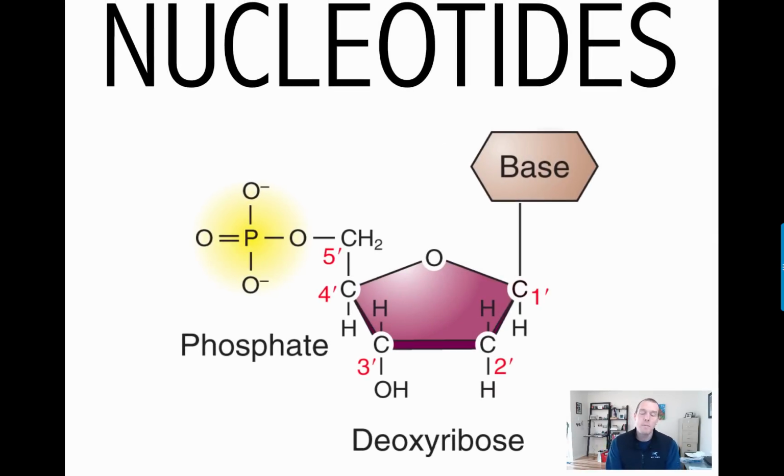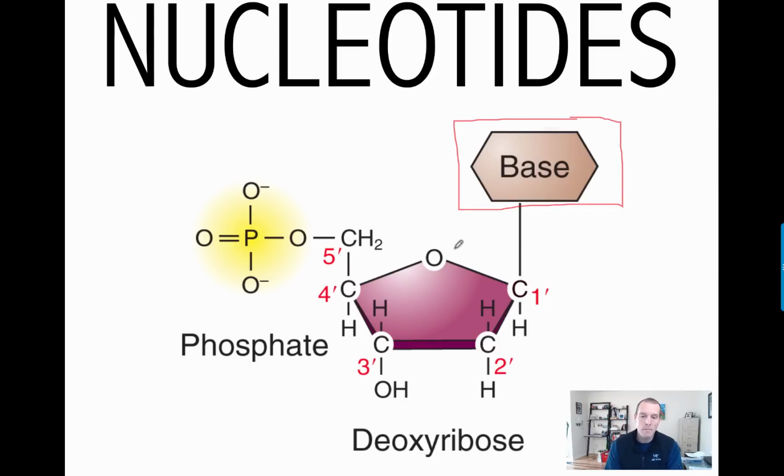So let's start off with the basics of nucleotide structure. This is a DNA nucleotide, and I know that because the sugar has been labeled as deoxyribose. We'll come back to that in a moment, but let's just look at the overall structure. There are three parts to any nucleotide. Let me get my pen just to mark this up really quick. The three parts are the DNA base, sometimes called the nitrogenous base.